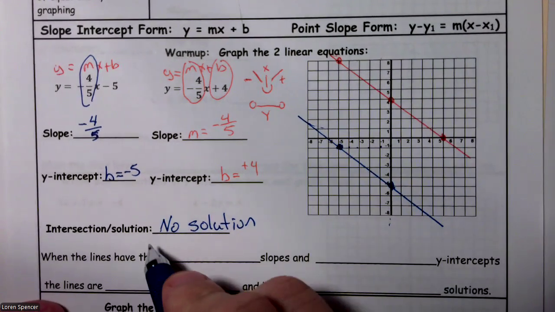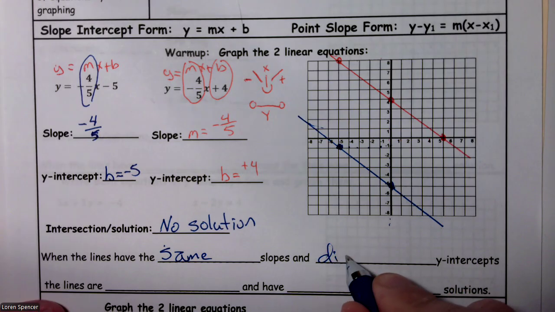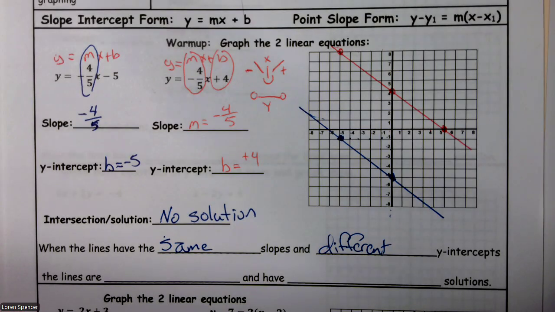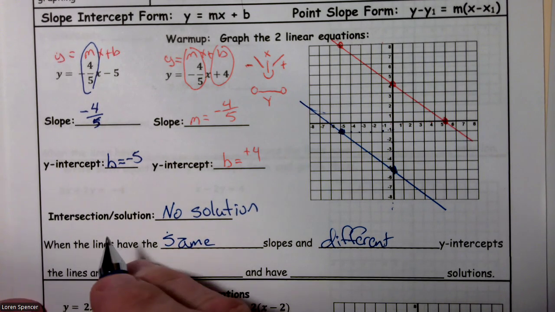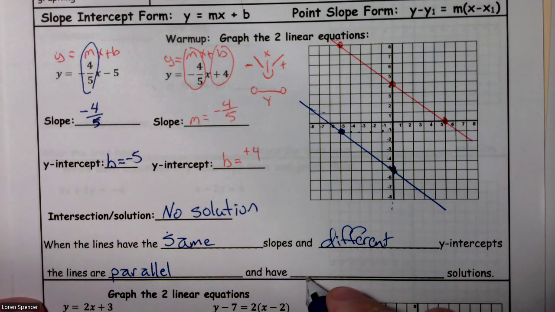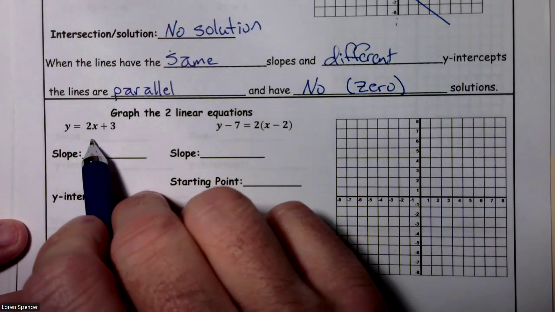So when the lines have the same slopes and different y-intercepts, the lines are parallel and have no solution, or zero solutions.